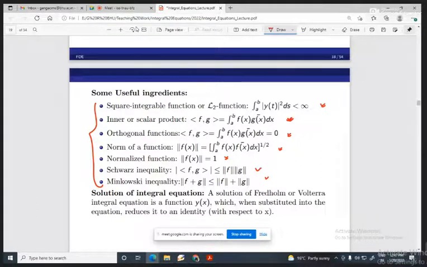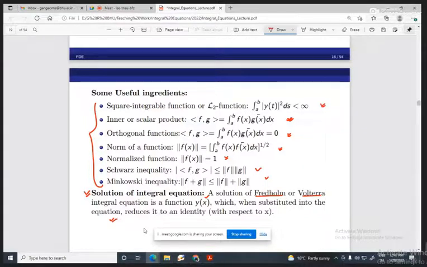Now, lastly, we have the solution. What is the solution of an integral equation? Basically, a solution of a Fredholm integral equation is a function y(x) which, when substituted into the equation, reduces it to an identity with respect to x. That function y is called a solution of the integral equation.